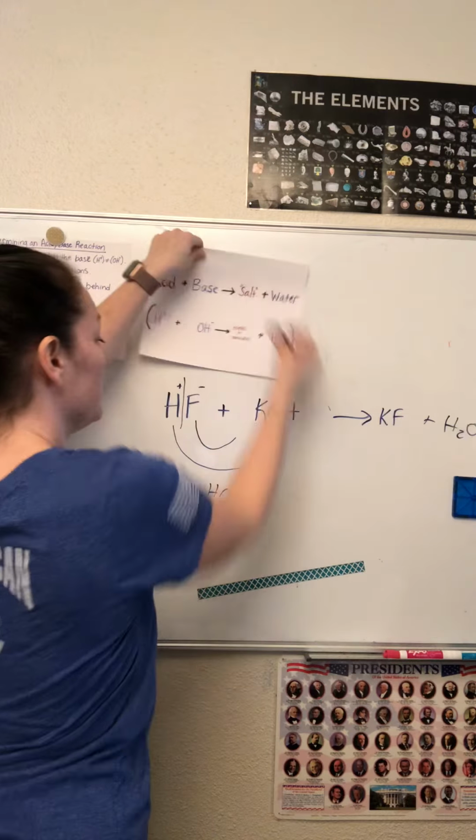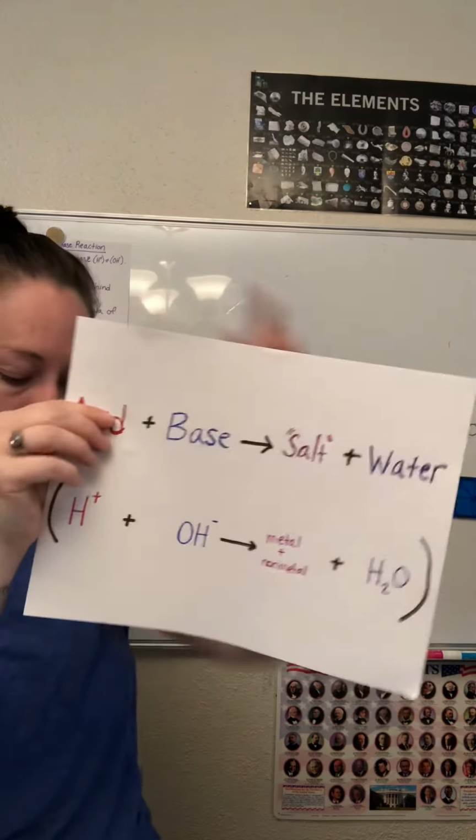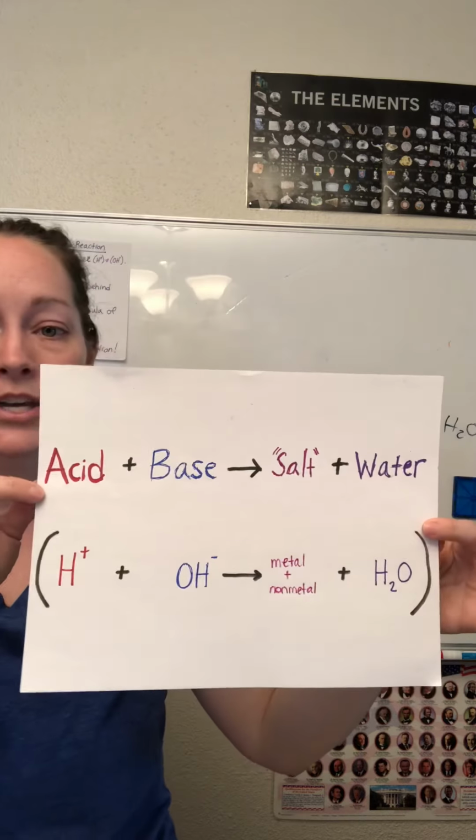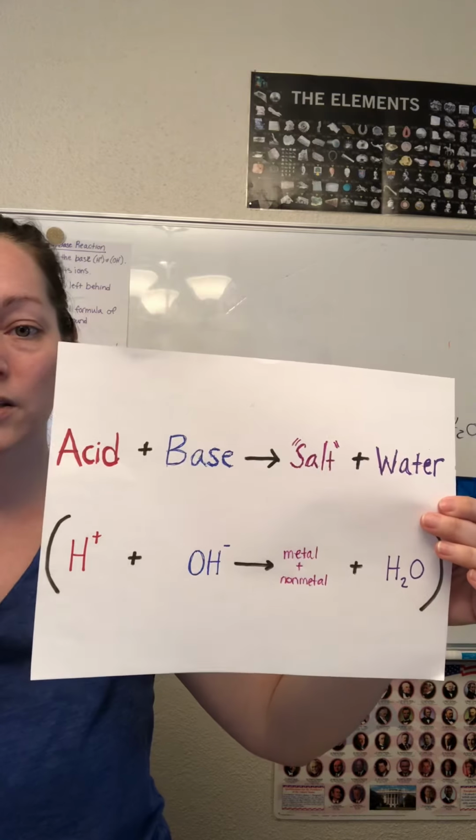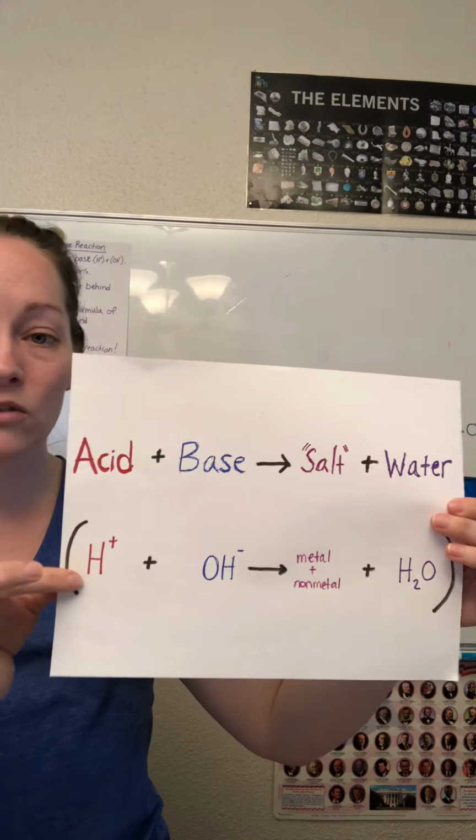I'm going to move this a little bit closer so you can take a look at it really quick. And they have this in your book as well. So you can see an acid plus a base equals a salt plus a water. Here I'm showing it to you in the chemical terms.